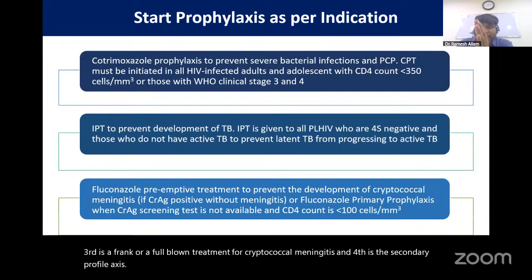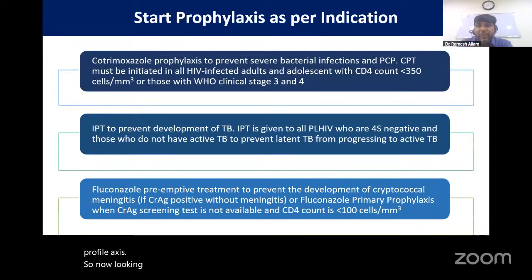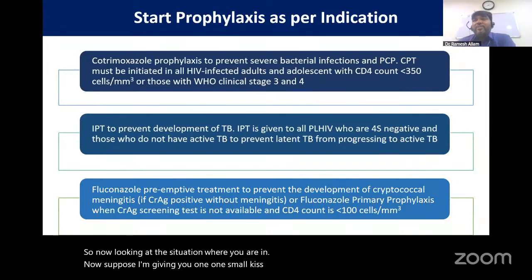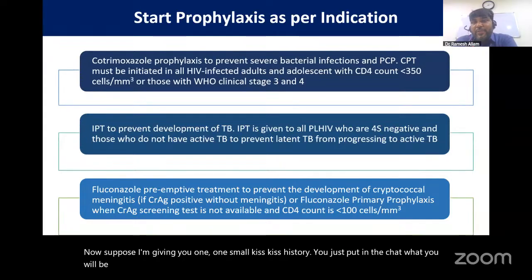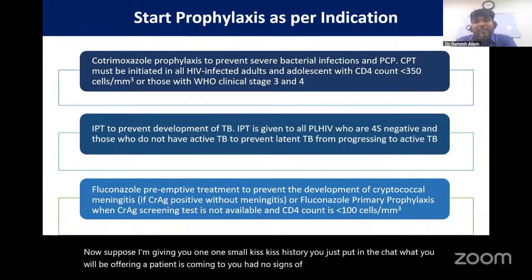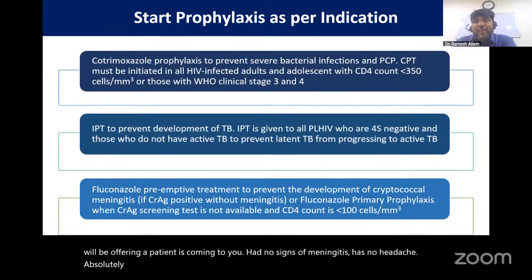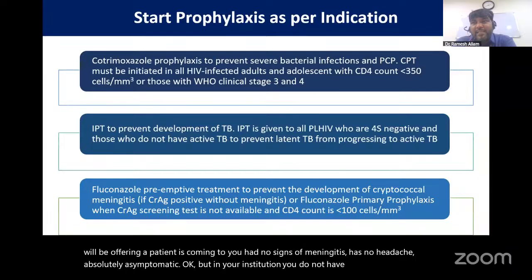Now, looking at the situation where you are, suppose I'm giving you one small case history. You just put in the chat what you will be offering. A patient is coming to you, had no signs of meningitis, has no headache, absolutely asymptomatic. But in your institution, you do not have the facility to do a CrAg screening test.